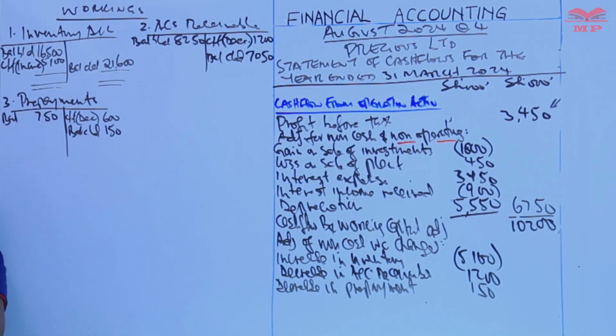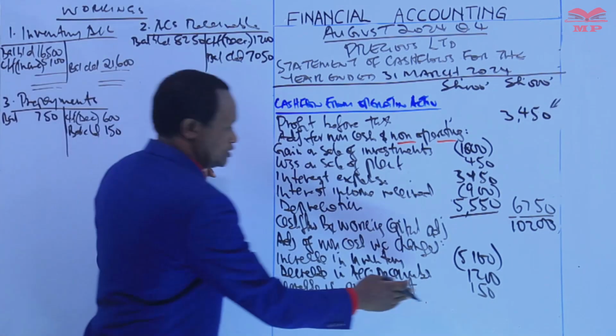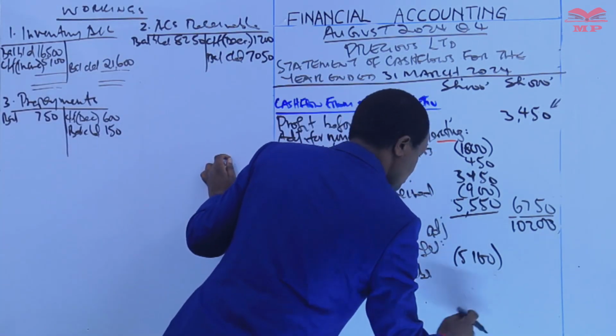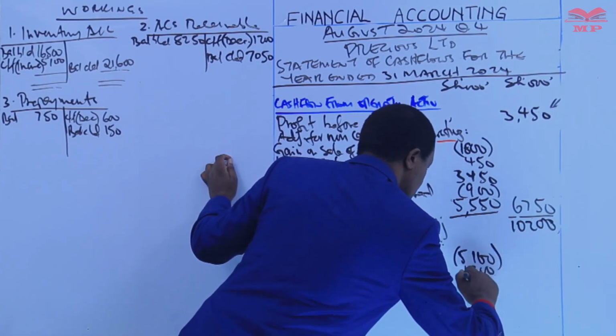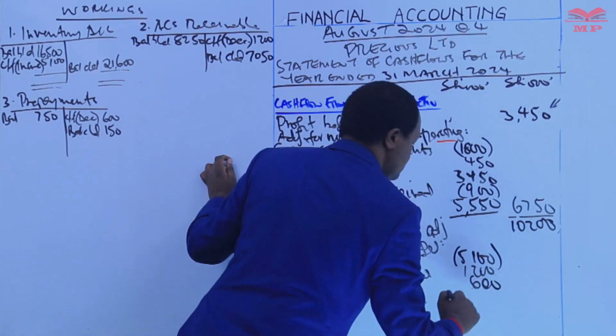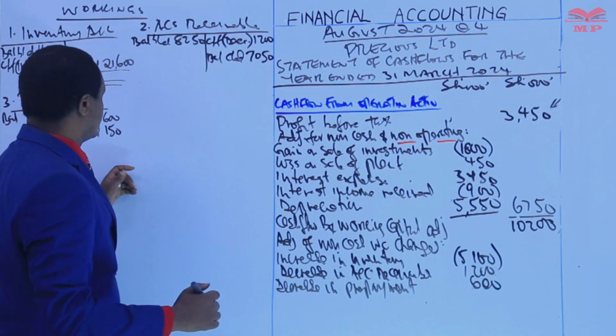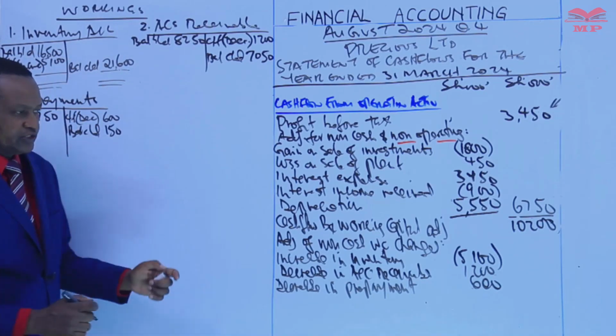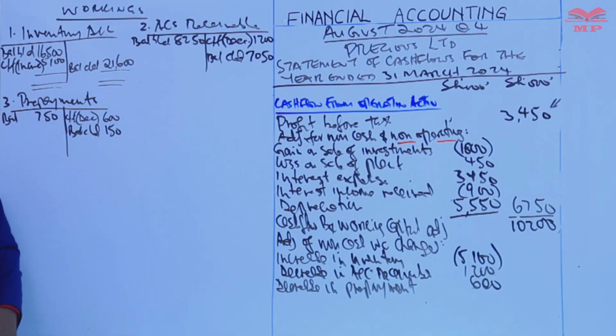Deduct. We deduct prepayments. This is 1,200, then 600. Decrease. Do we deduct, or do we leave it at that? Prepayments.